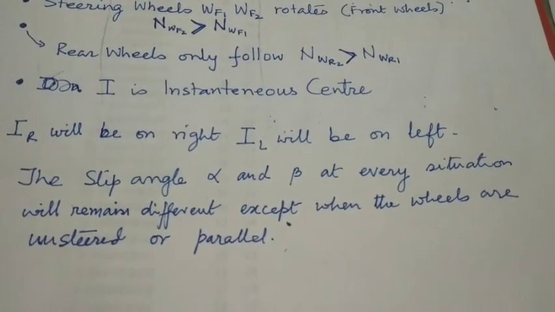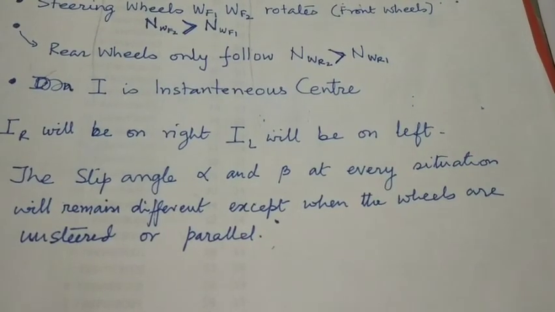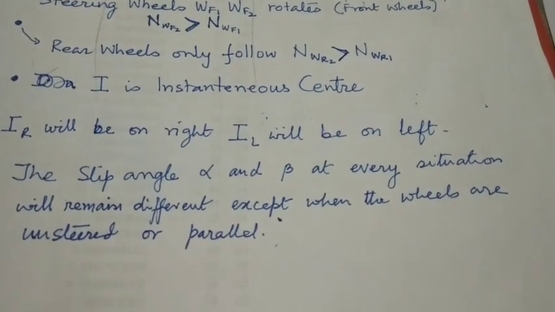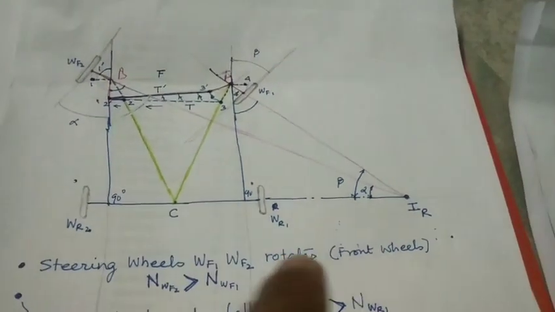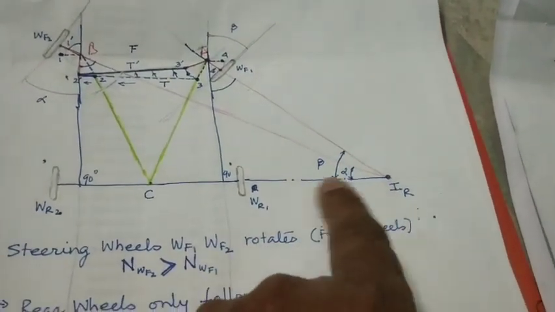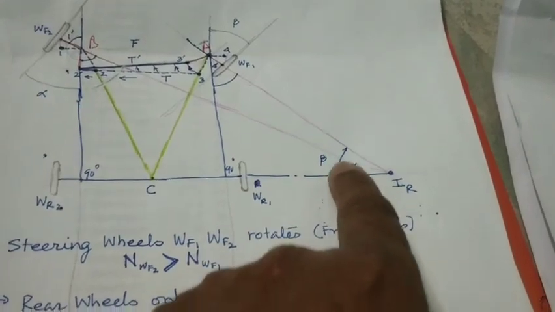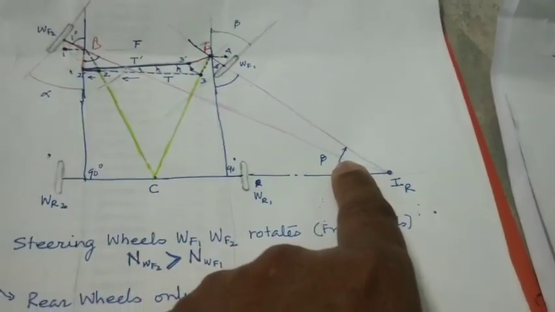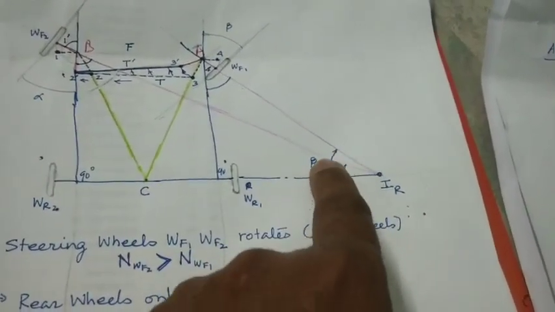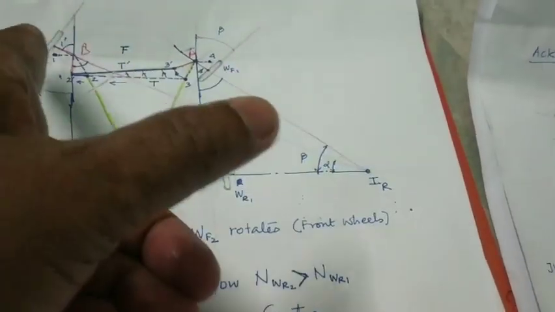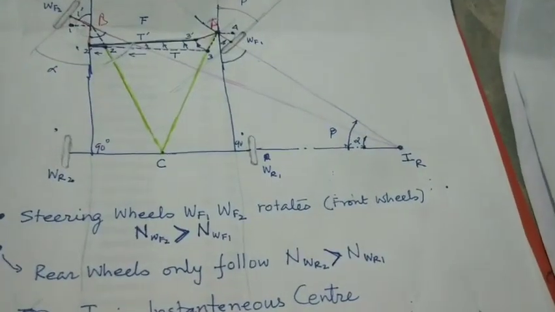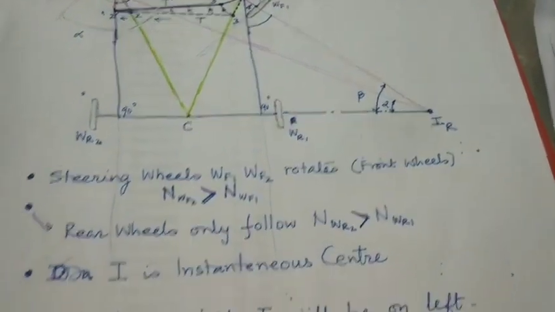The slip angles alpha and beta will be different in every situation, wherever the I position is. The values of alpha and beta will go on being different, and therefore the RPM of the inner wheel and outer wheel will go on changing depending upon the amount of turn that a person has taken.